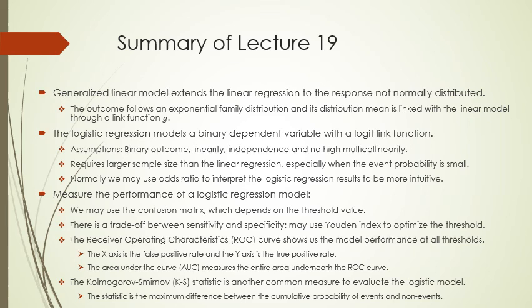The KS statistic is another commonly used measure to evaluate the logistic regression model. The statistic is the maximum difference between the cumulative probability of events and non-events. A higher statistic indicates a better model.